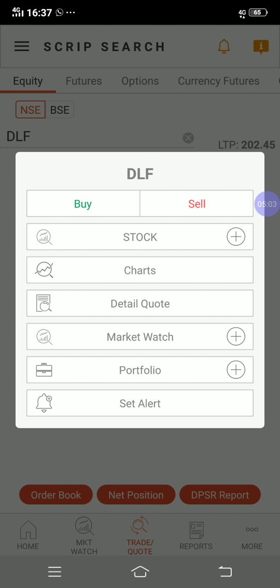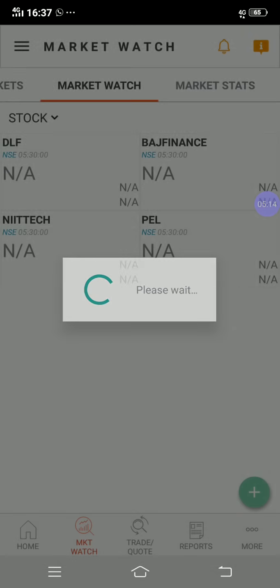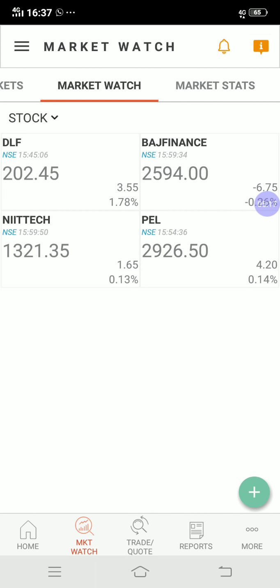Now if you see this option, there are different sorts of facilities provided by Sharekhan. This is one where a stock can be added directly.